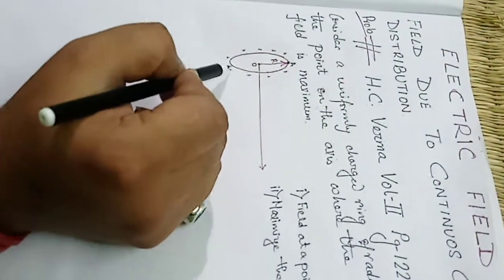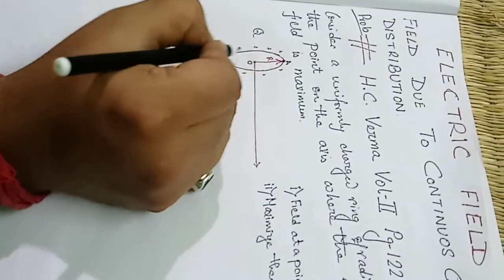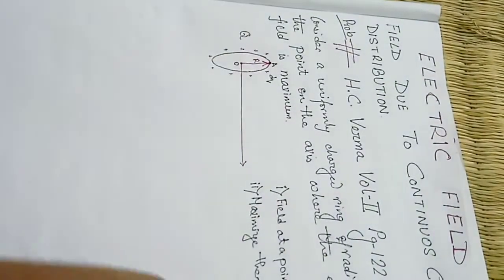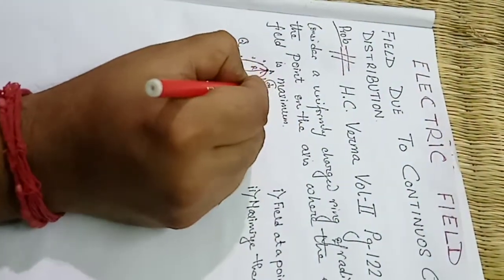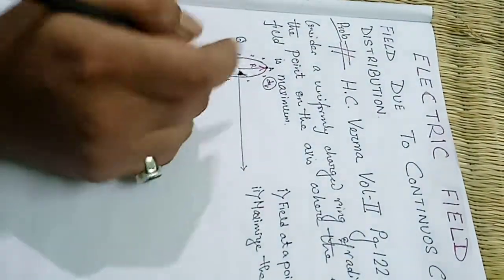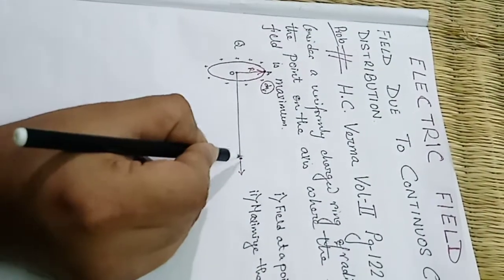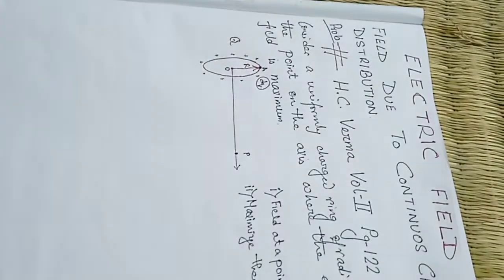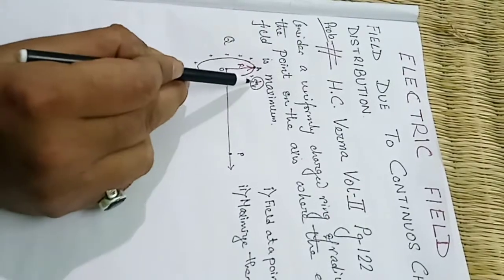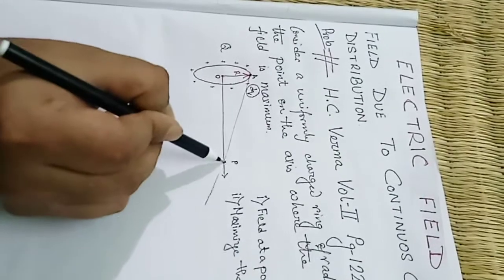As the charge suppose Q is totally distributed on this ring, a small charge of amount dq will be on A. This is the infinitesimal charge on A. The field due to dq at A, we have to find the field at point P suppose, which is on the axis. The field at P due to dq, which is on A, will be something like this, dE.